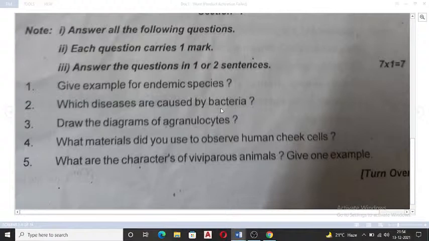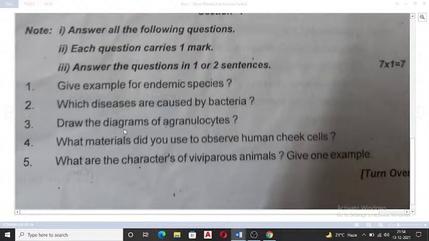All these are some of the bacterial diseases. Even if you want to write how it is caused or the name of that bacteria, if you know, like cocci, bacillus, you can go with that also.